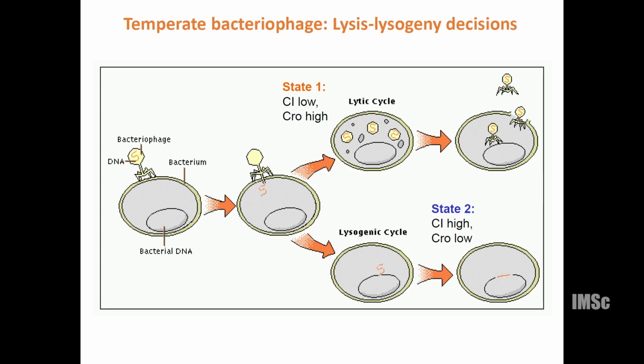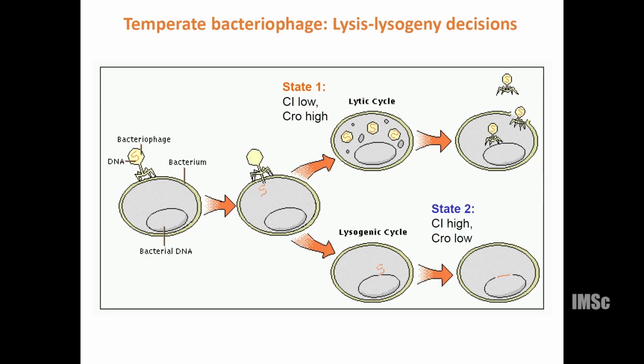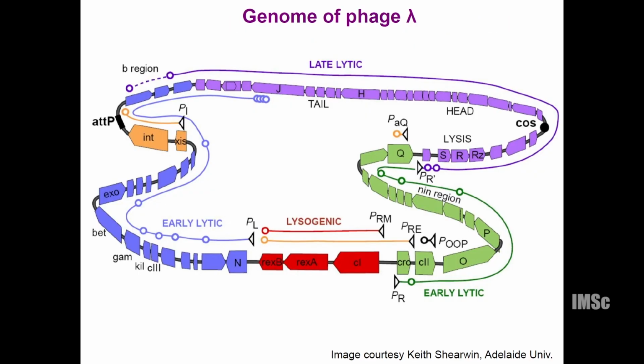Yeah. Bacteria affect the virus's decision. Yeah. So here's the thing. This is a very simple sort of textbook picture, but of course life is more complicated. In the case of lambda phage, we actually now have the entire genome known. We have mapped out all the genes. We don't know all the functions of all the genes, but we know most of them, and there are many different genes.